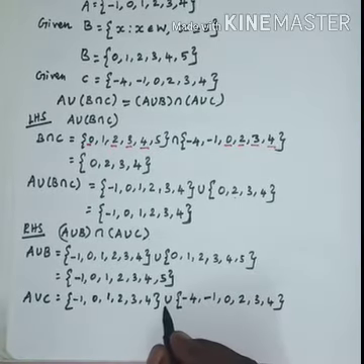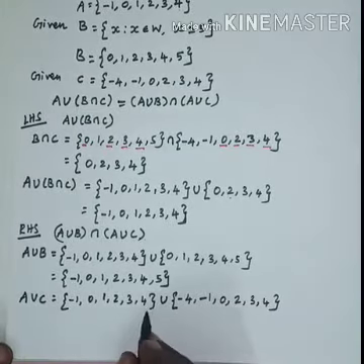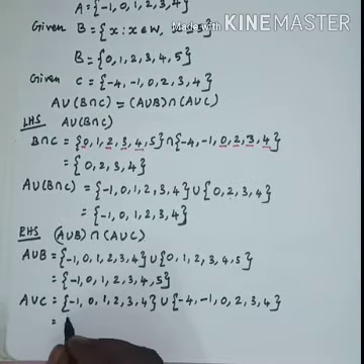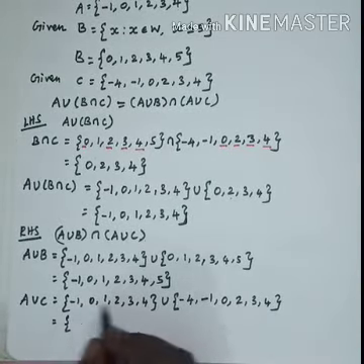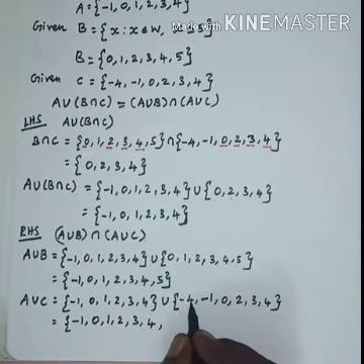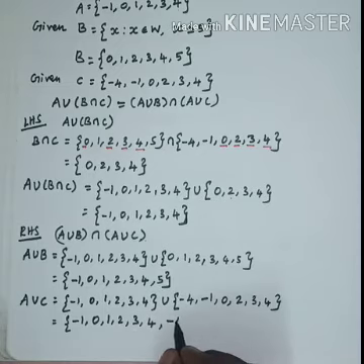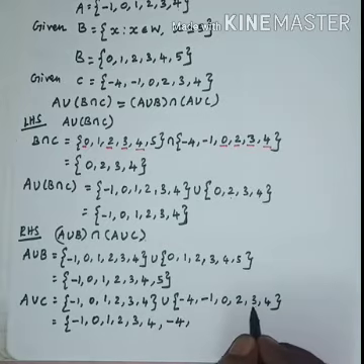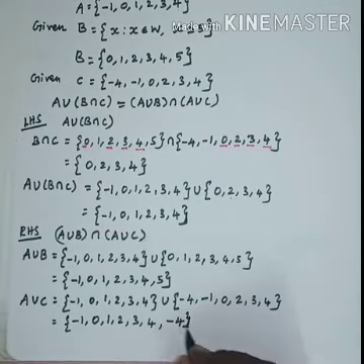Again the union symbol is given, so we have to combine these two sets together. So write the first set first: -1, 0, 1, 2, 3, 4. So -4 we didn't write here, so include -4. -1 we already wrote here. So 0 already wrote, 2 also already wrote, 3, 4 are also already wrote here. So no need to write it once again.